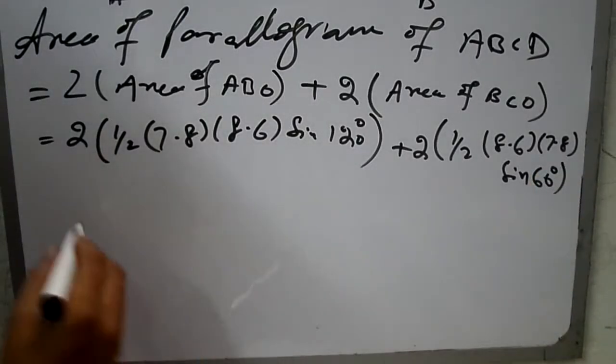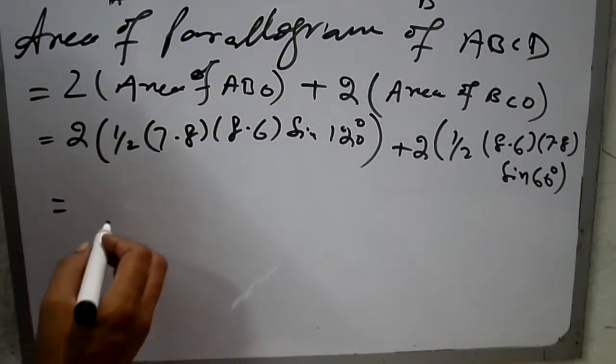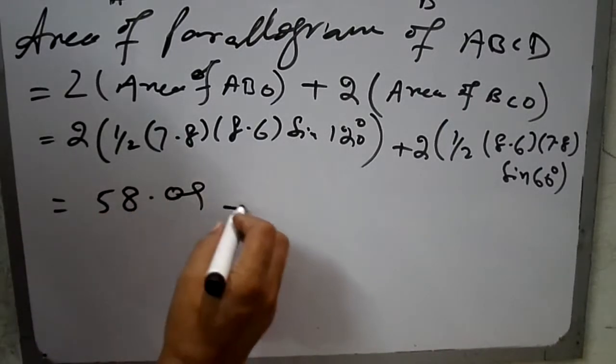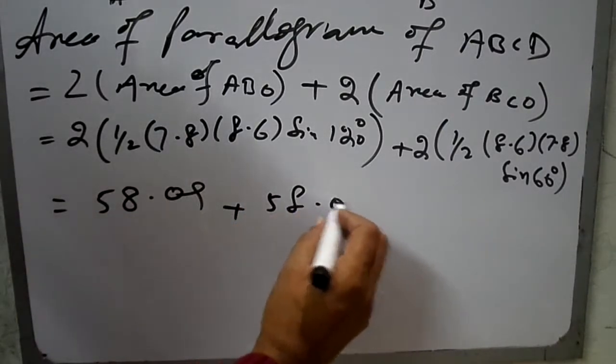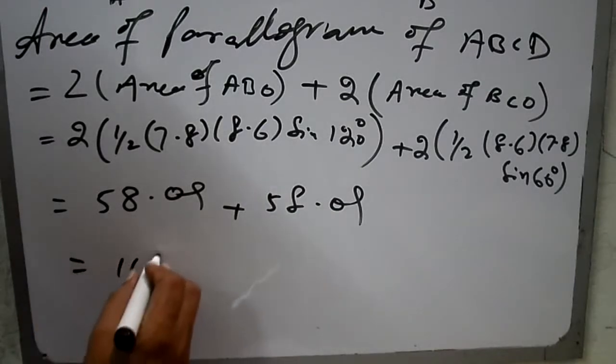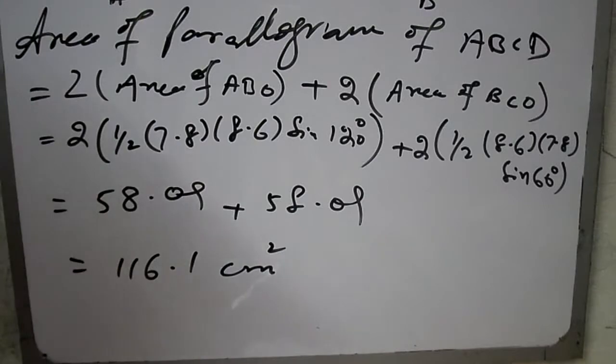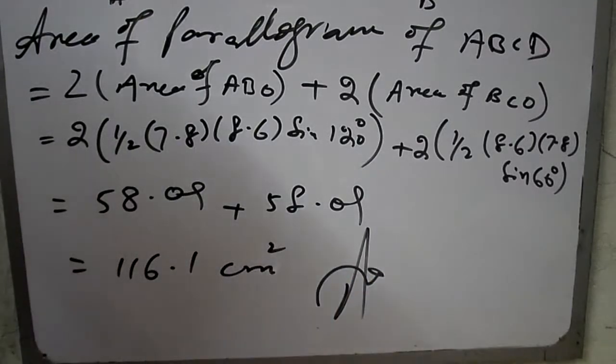So by simplification you will get 58.09. So you will get 116.1 centimeter square. So here is your required result. Now coming to question number 12.